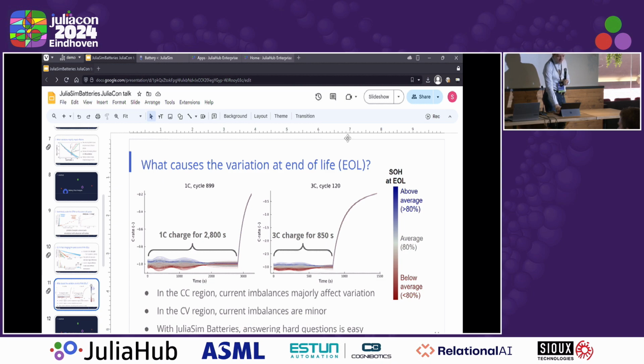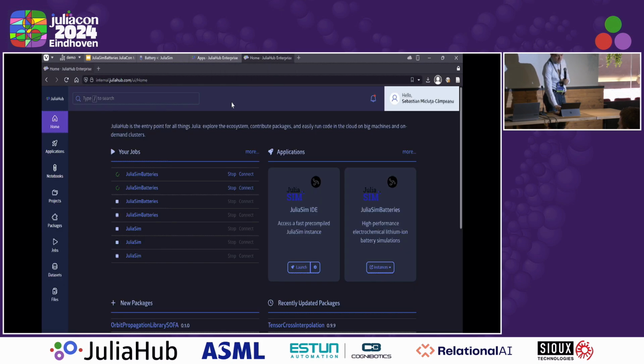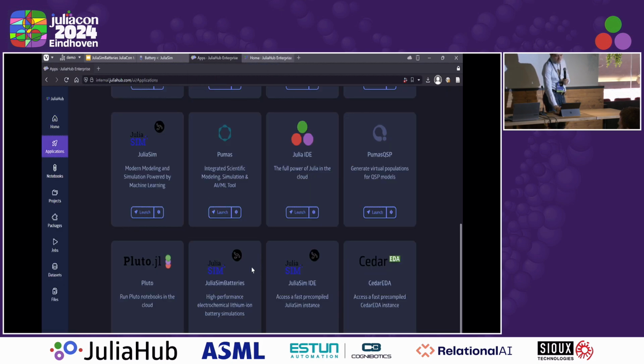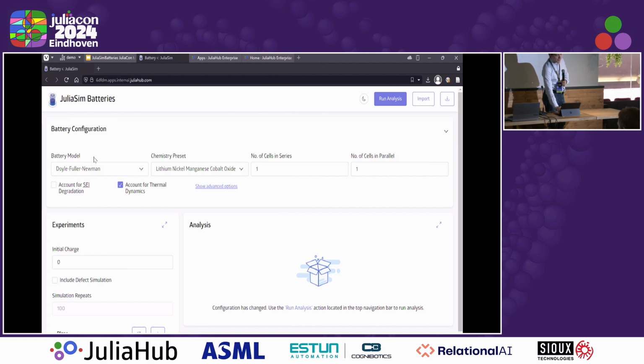So now I'm going to go to JuliaSim Batteries. This is an app that you find on JuliaHub, so it's right here, and it's available on JuliaHub. After you launch it, this is the interface where you can look at the battery configuration.